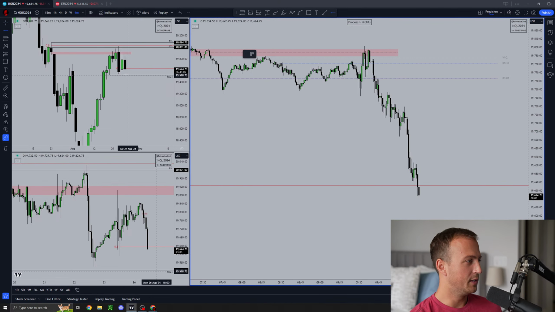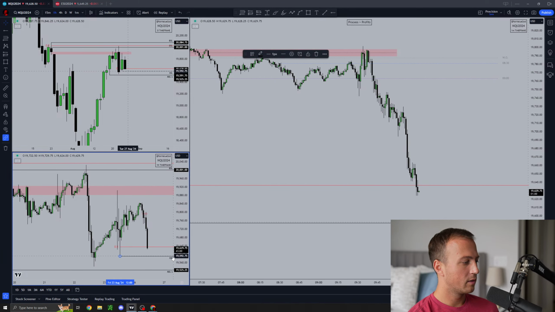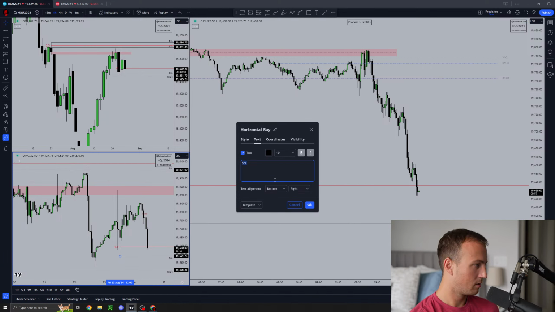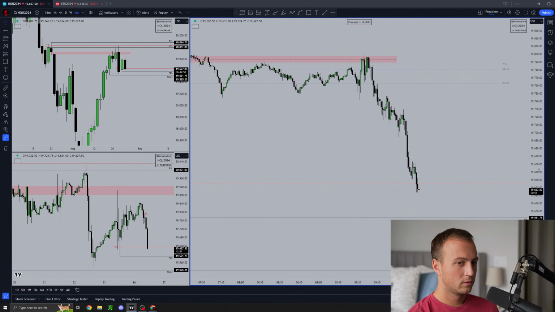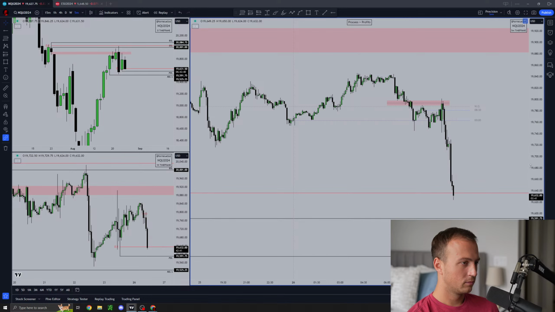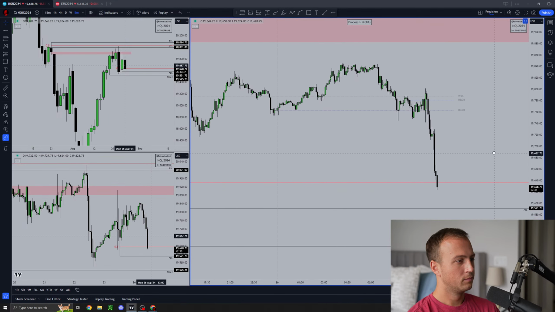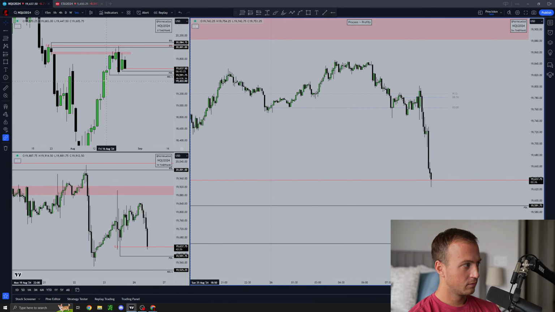But pre stays low is right here. Yeah, equal lows, daily imbalance here.